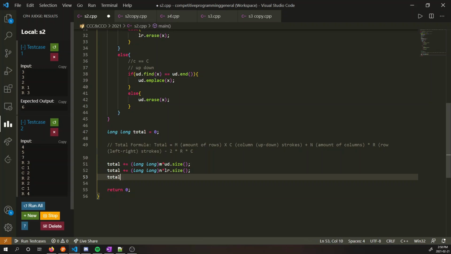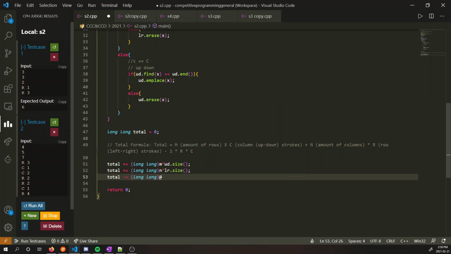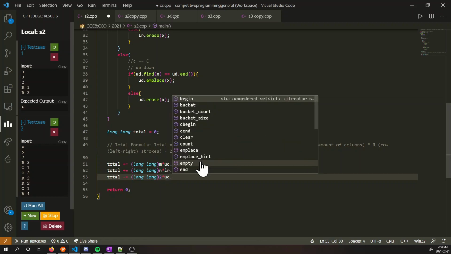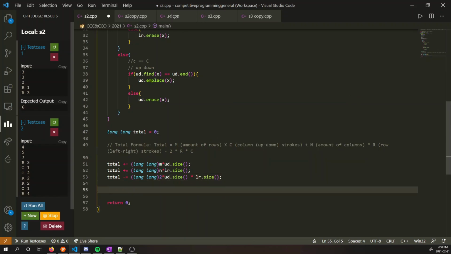So total minus equals long long 2 times ud.size, the amount of up-down strokes, times the amount of left-right strokes. And now we're ready to output our answer. And just like this, we have solved this problem completely.